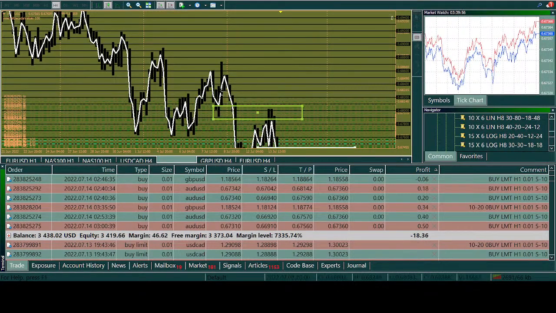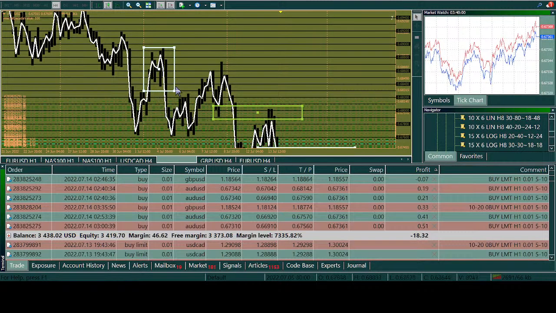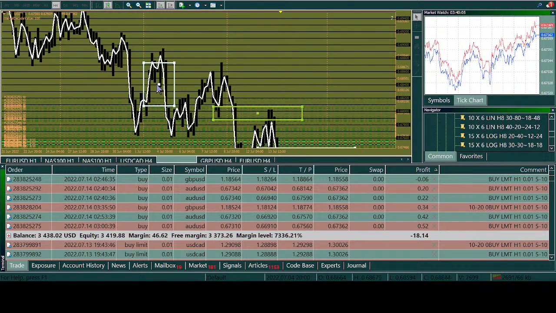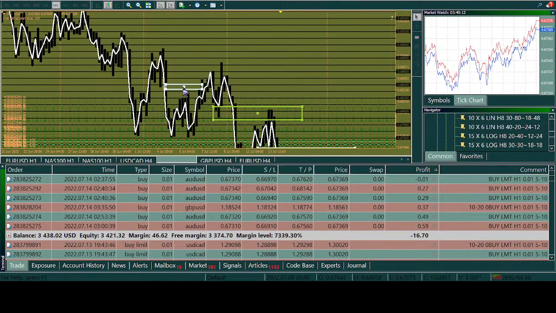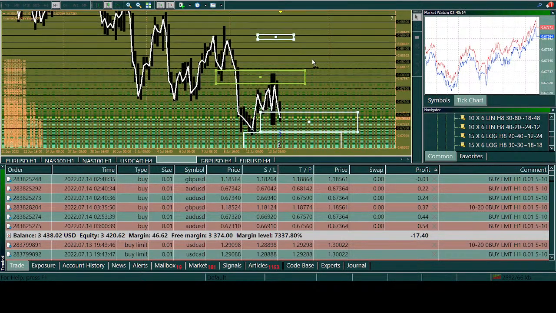For instance, over here, this pullback, you're like, oh, that doesn't look bad. And then it goes all the way down here. So this pullback looked like, oh, here's a top becoming bottom. I'll just buy when it comes back here. So when they go shearing that off, I think that's what people really can't believe.